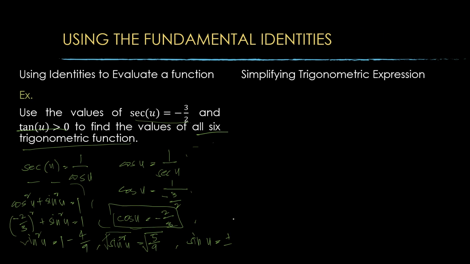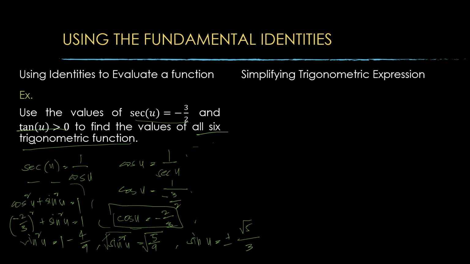Okay? So, similar for this one, sine of u is equal to plus or minus square root of 5 over, what is the square root of 9? 3. So, you now have the value of your sine of u. Sine of u is either plus or minus square root of 5 over 3.